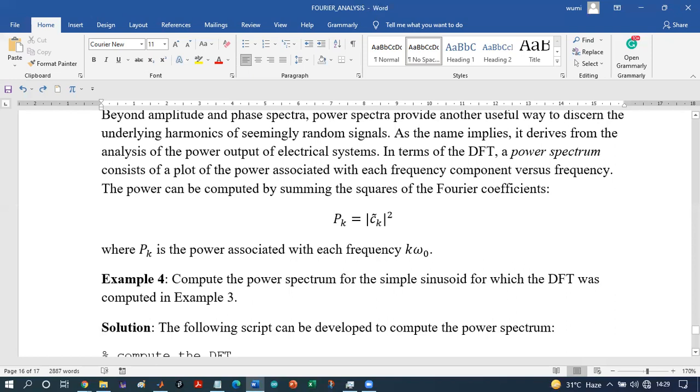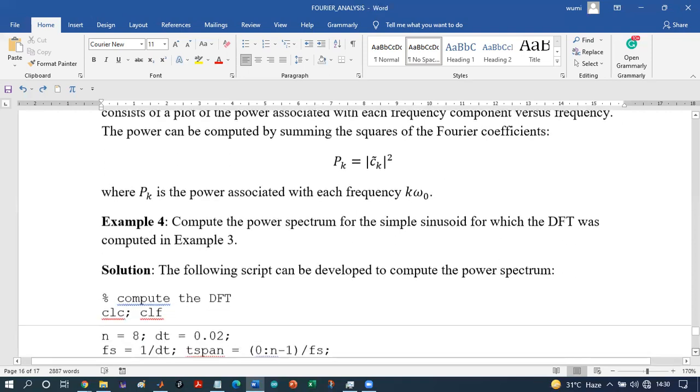You can square it first, but after squaring it, you get the absolute value. So it is 0.25. In the same way, you should be able to write the Matlab code for the power spectrum.